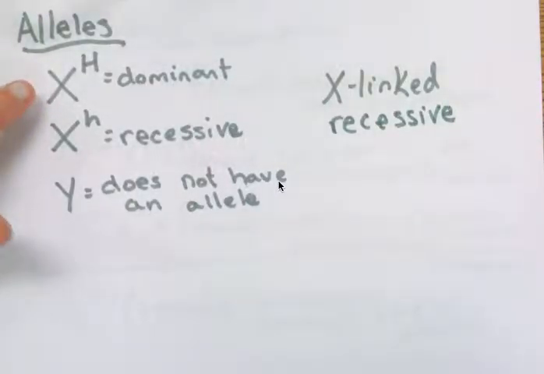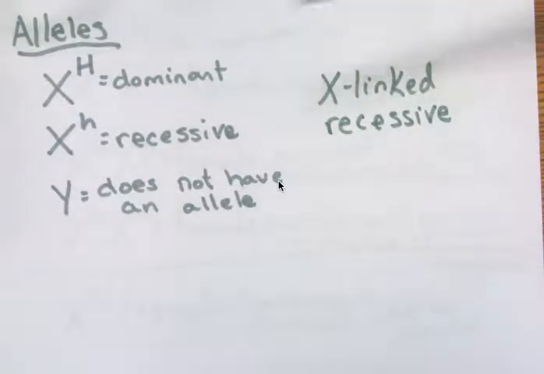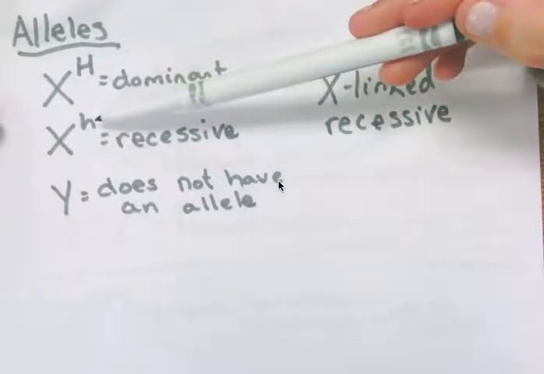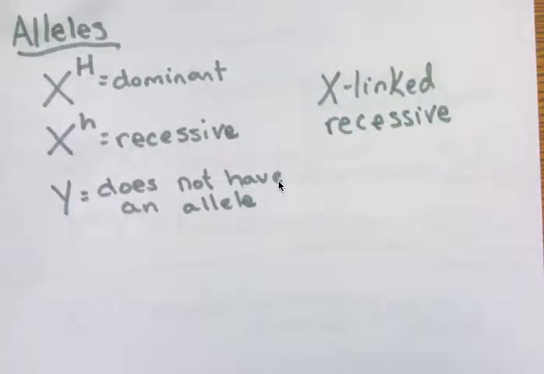So if we're looking at an allele like this, where it's X big H, this is a chromosome that's carrying an allele that does not code for this particular disorder like hemophilia. This would be normal. X little h is a recessive allele, and if you only had the recessive alleles like this, you would express the trait, in this case hemophilia or colorblindness.